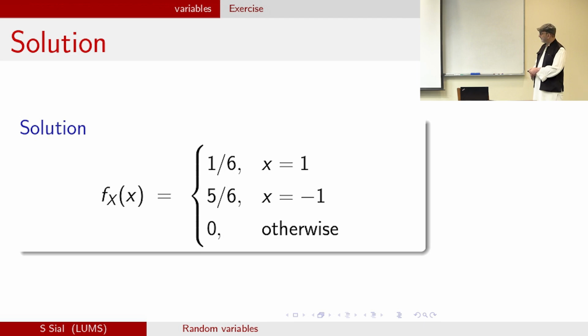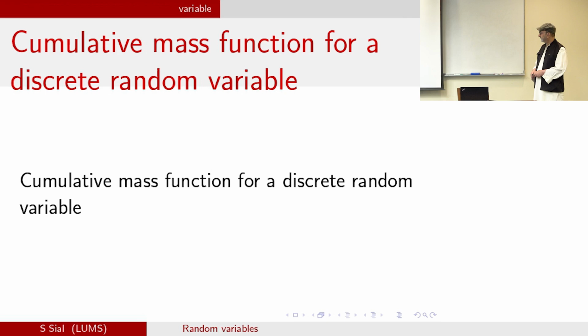It's 0 for pretty well all the real numbers except for x equals 1 and x equals minus 1. Is that okay? Okay. So that was the probability mass function for a discrete random variable.